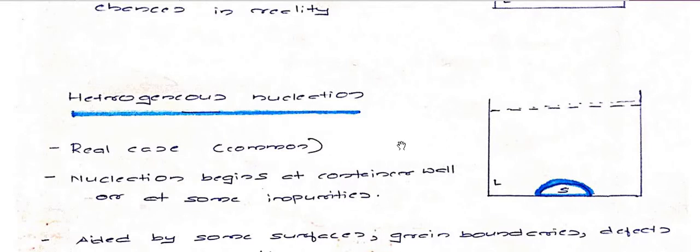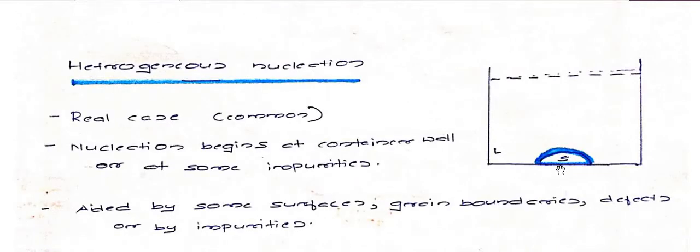For the present study, we are taking the condition of heterogeneous nucleation on the wall surface. Here this is the wall, and inside is the liquid phase. On the wall we can see a small portion of a sphere, not the full sphere, which we will call a cap, and the heterogeneous nucleus is formed here.